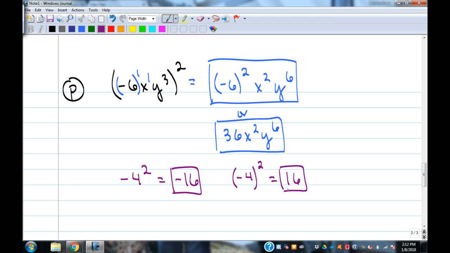That's where the parentheses are very important when you have a negative number as the base. Or if you don't have a negative number as the base, the parentheses not being there is just as important. You've got to be careful of that in this stuff. It only comes up every few problems, once every 5th problem or so. It's not all the time, but a good 20% of the time that you need to be paying attention to that stuff. So we've got to look for that on every problem.